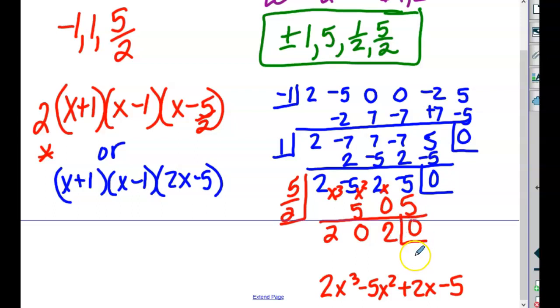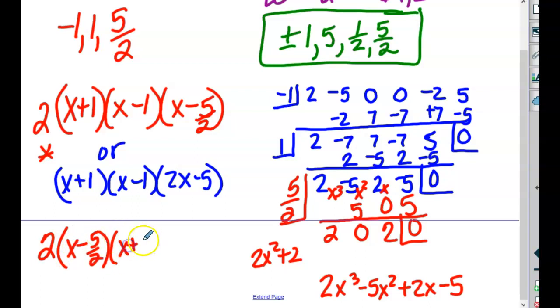Okay. So what does this say? 2x squared plus 2. What can we take out of that? A 2. So we'd have a 2, and then that x minus 5 halves, and an x plus 1, and an x minus 1.